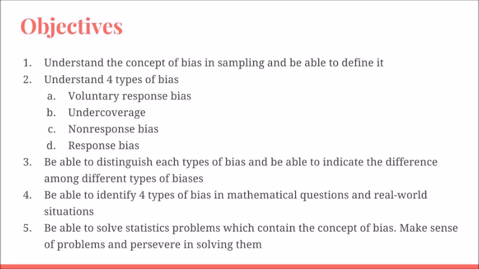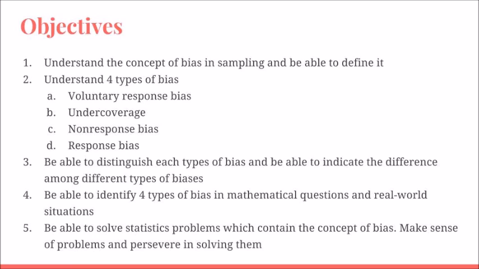Before we actually start the lesson, let me briefly introduce what we're going to cover today. So, first, you guys will understand the concept of bias in sampling and be able to define it. You have to understand 4 types of bias, which are voluntary response bias, undercoverage bias, non-response bias, and response bias.